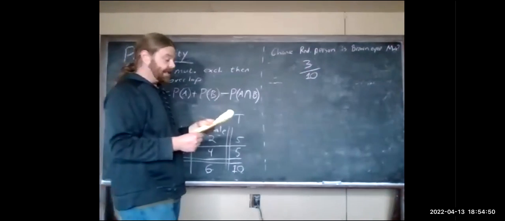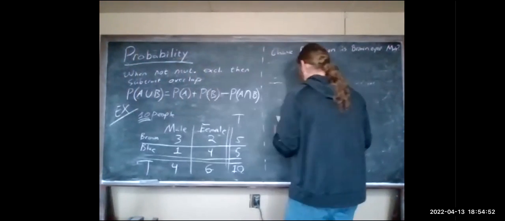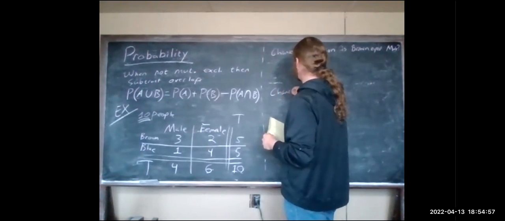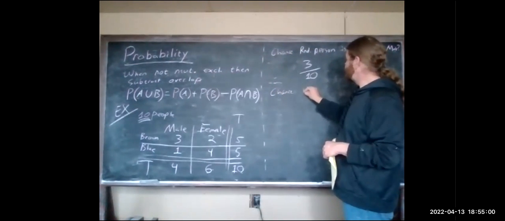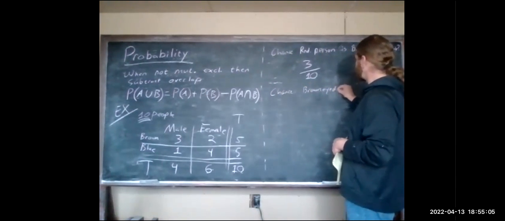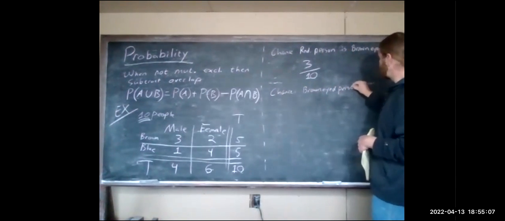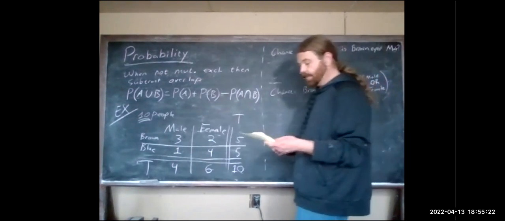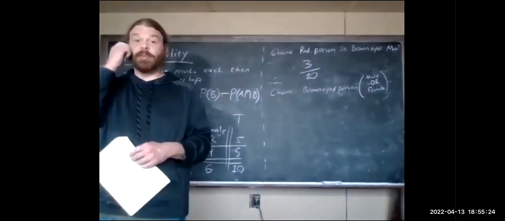We can combine some of these things. What about just the chance of a brown-eyed person? Which, to add the keywords in there, that would be male or female. So first off, we just looked at 2 formulas for this.